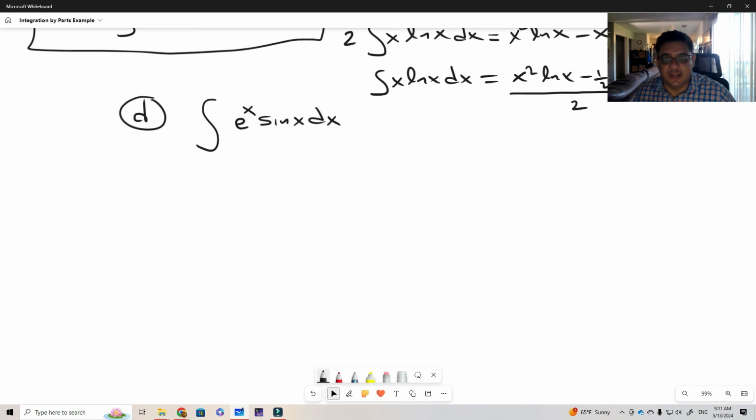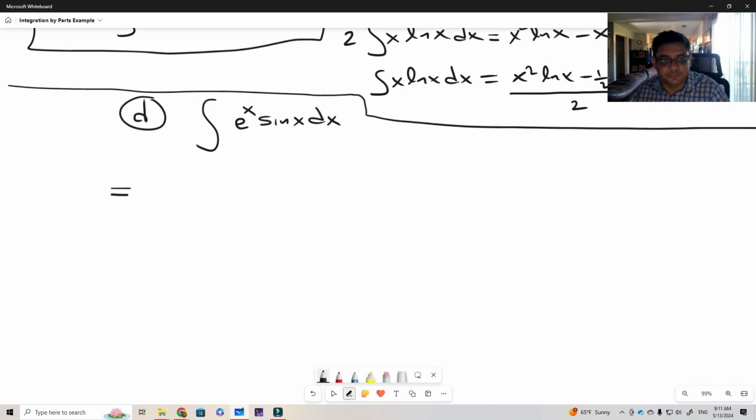Now, sometimes that approach that we just used has to be used in an iterative way. This example, the integral of e to the x sine of x dx, can be one of those scenarios. So first, let's consider what are the substitutions that we can use.